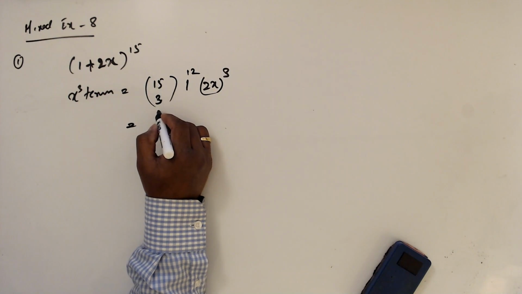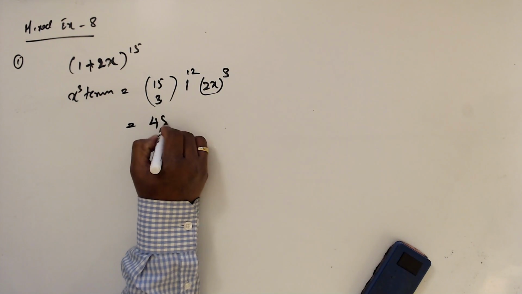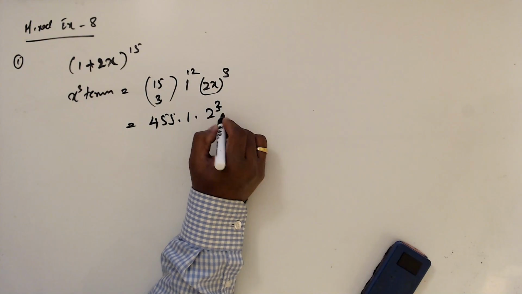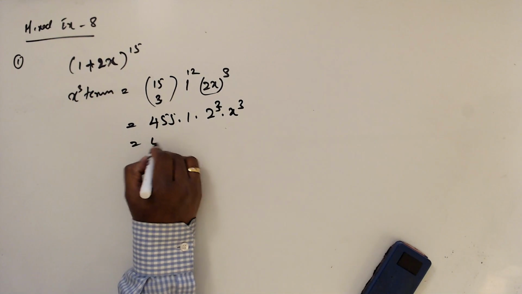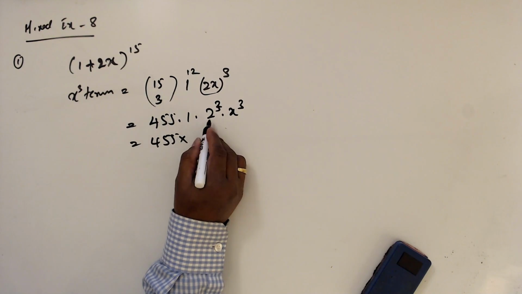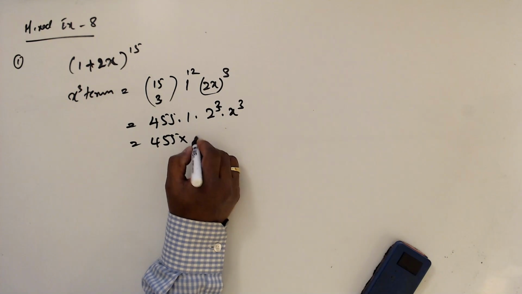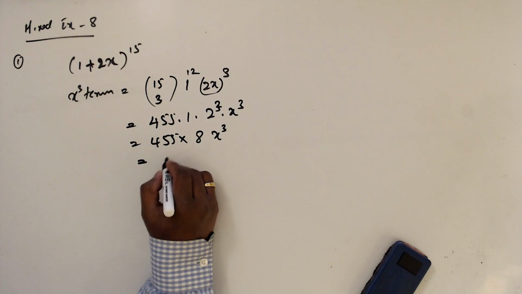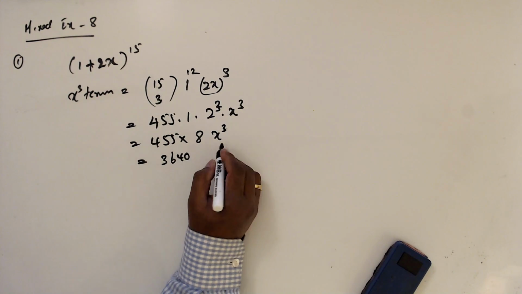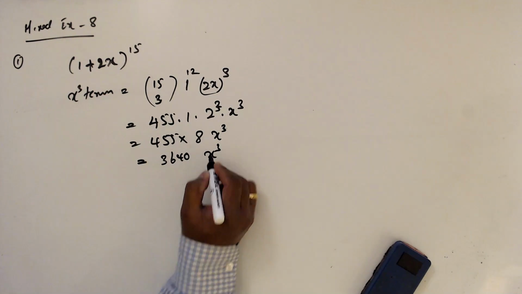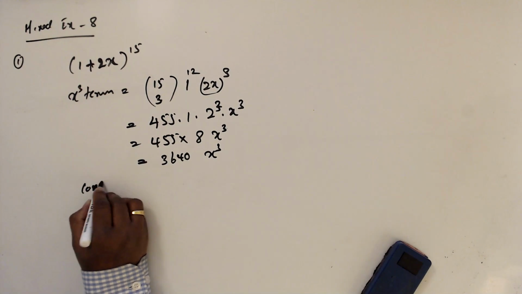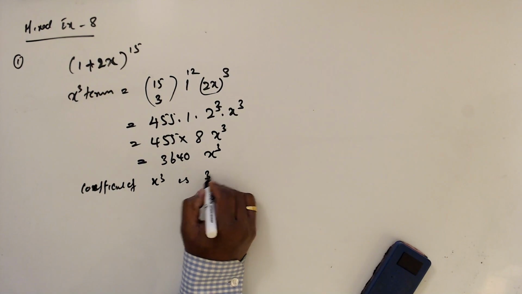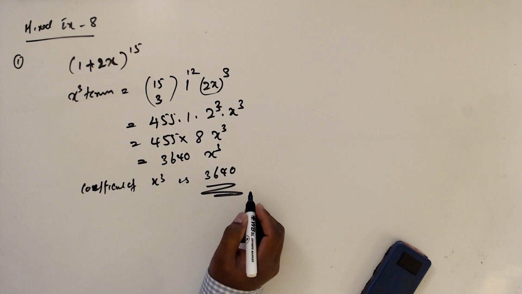So 15C3 we worked out is 455, times 1 times 2 cube times x cube. So 455 times 2 cube being 8 x cube. This is going to be 3640 x cube. So the coefficient of x cube is 3640.